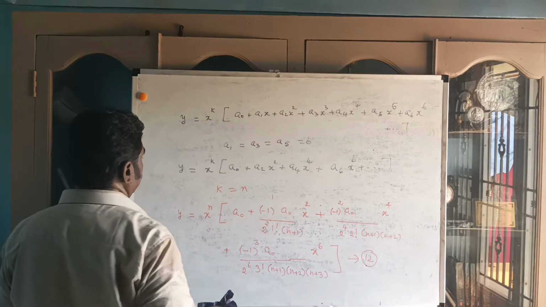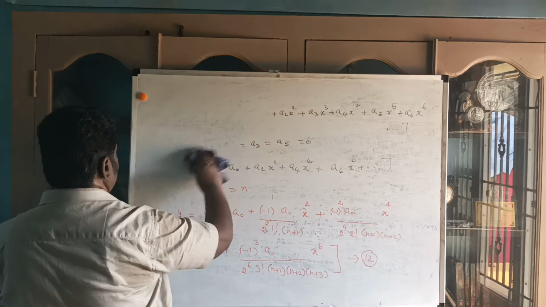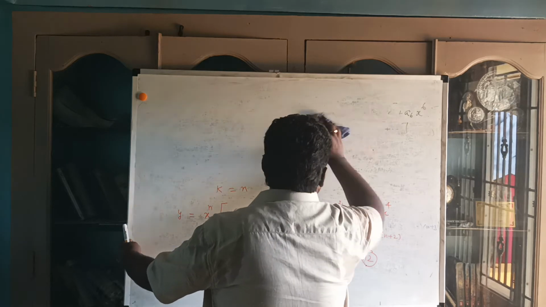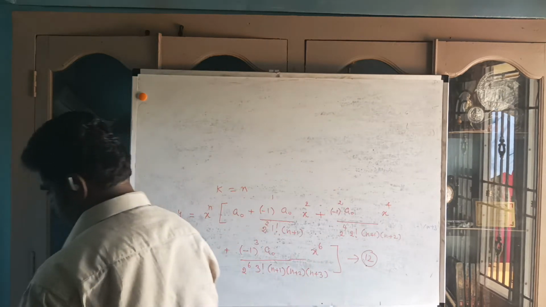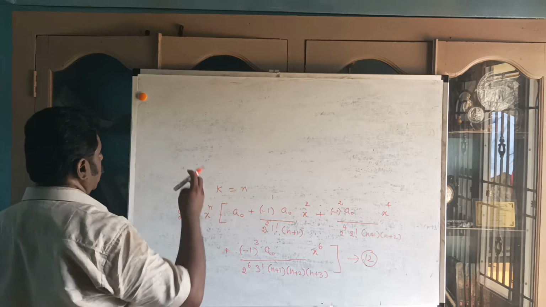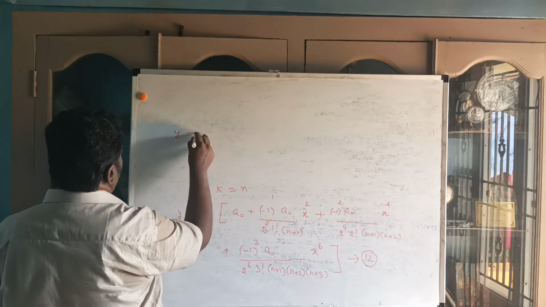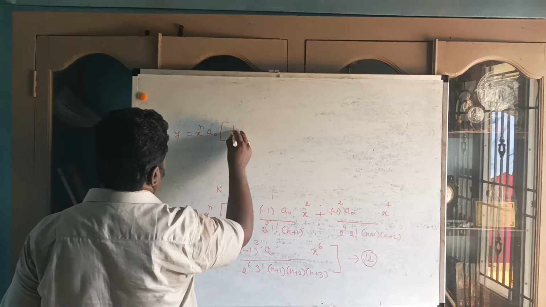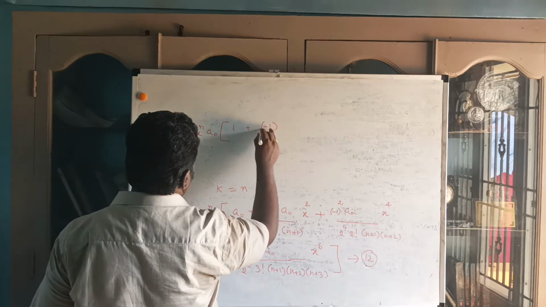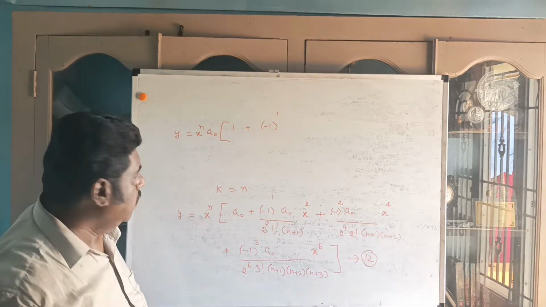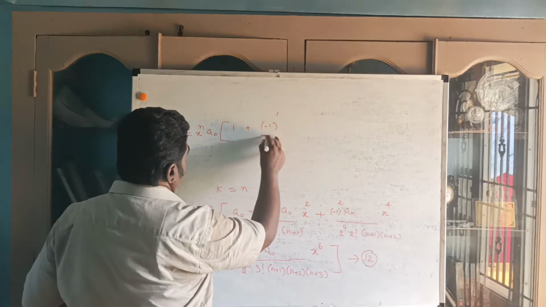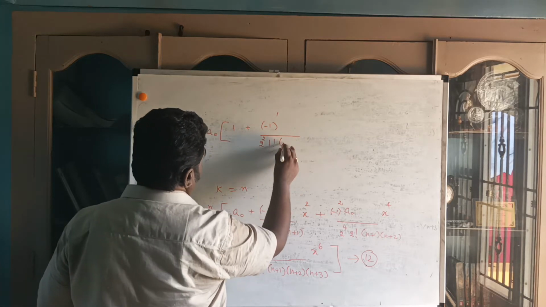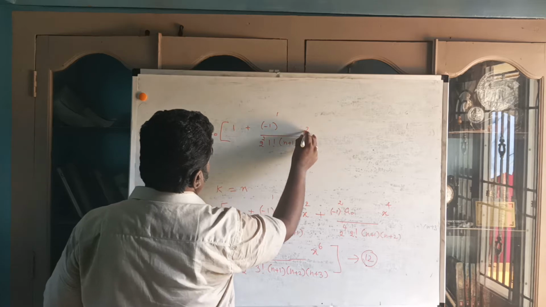Then in this equation, take the a0 outside. If you take a0 outside, we can get the new equation. That is y equal to x power n a0 into 1 plus minus 1 power 1 divided by 2 square 1 factorial n plus 1 into x square.